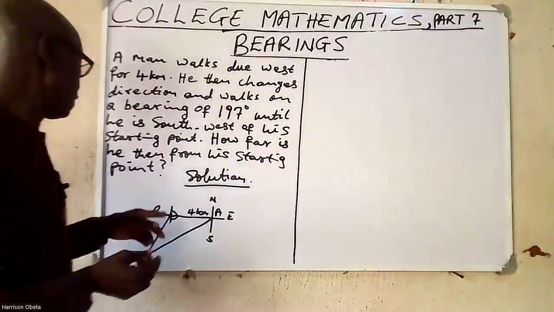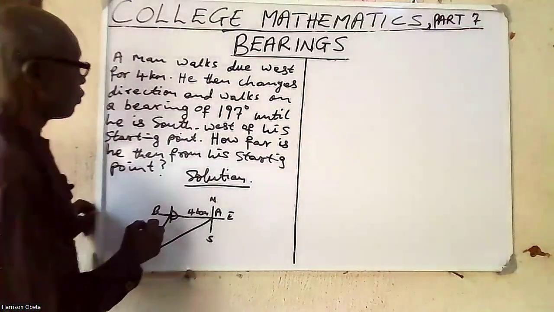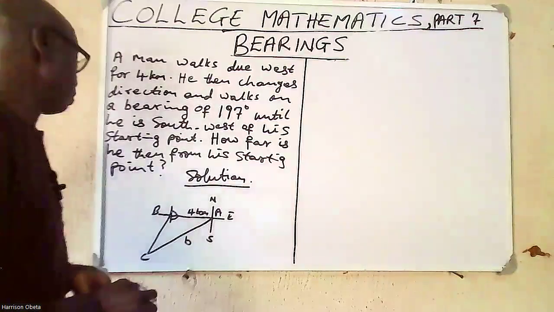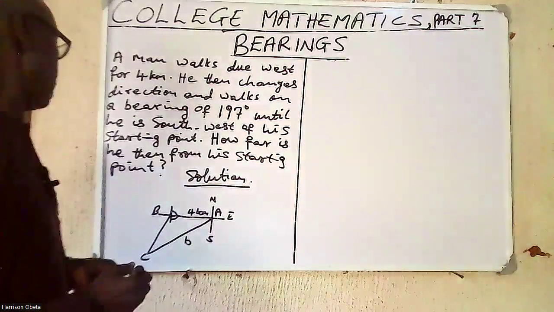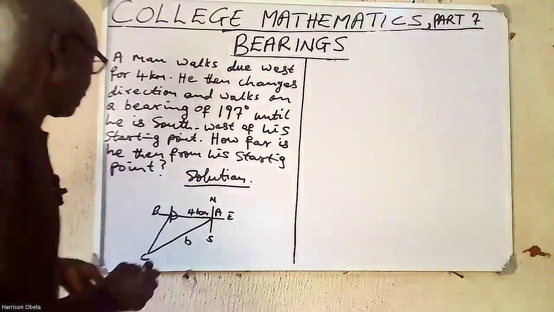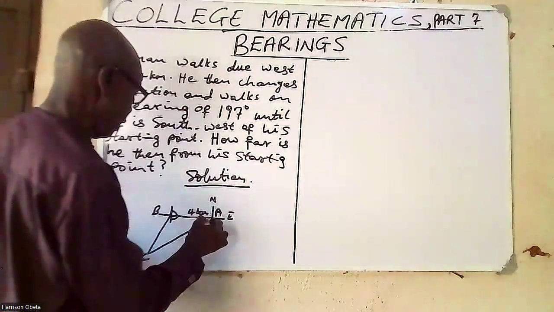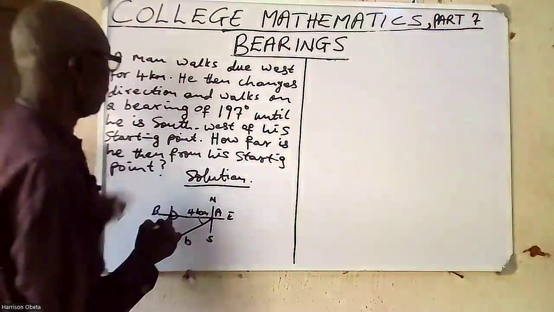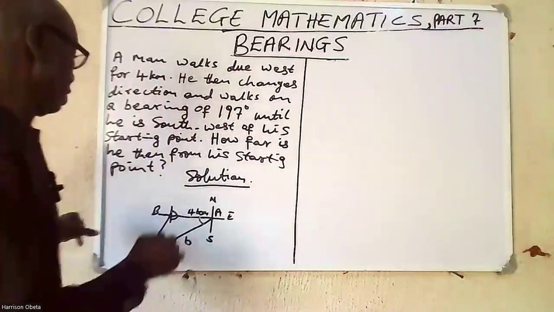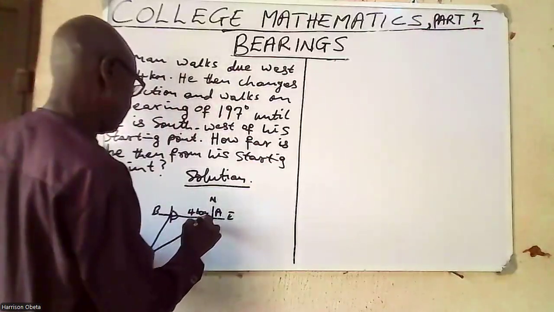But we need to know this angle. What we are looking for is small b. This is angle 45, because the question says until it is southwest. So this is 45 degrees.